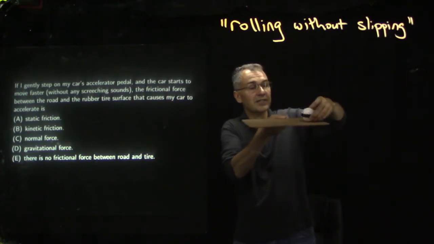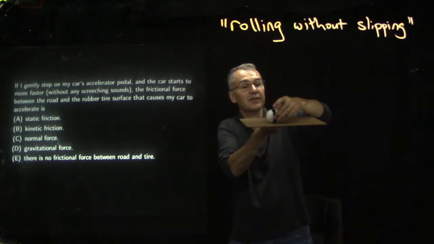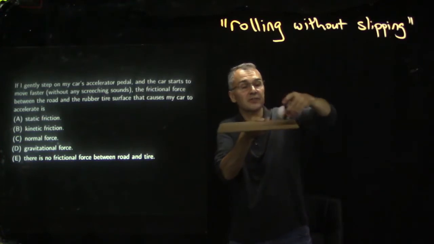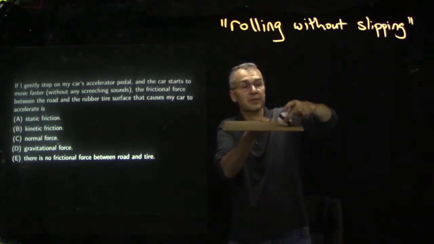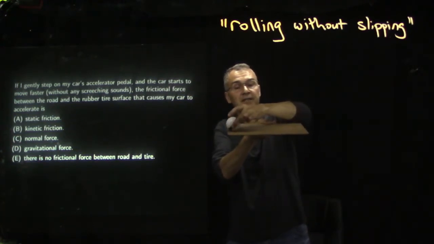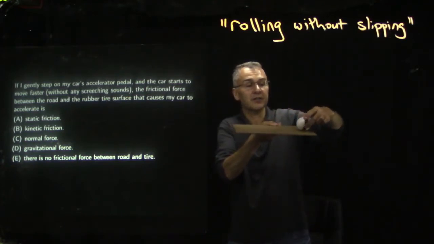So at the instant that this black stripe passes the road, there's no slipping between the road and the tire. If I do this instead, then the tire is slipping across the road. But if I let the tire roll without slipping, then there's no relative motion between the tire and the road.